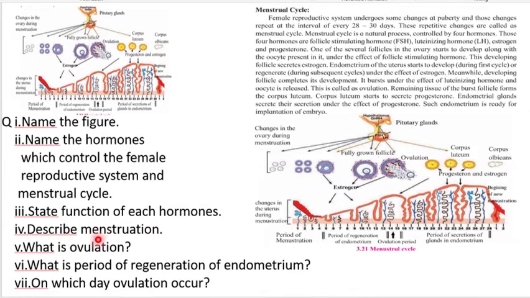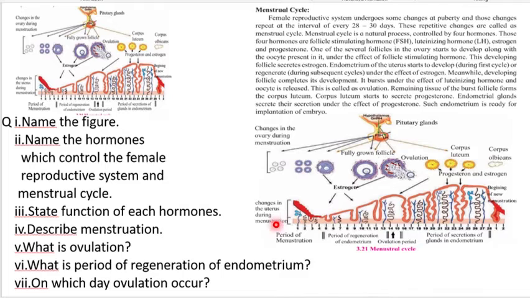Now, describe the menstruation. If this oocyte is not fertilized within 24 hours, the corpus luteum becomes inactive and it is transformed into the corpus albicans. Due to this, the secretion of progesterone and estrogen stops completely and the endometrium starts to degenerate.